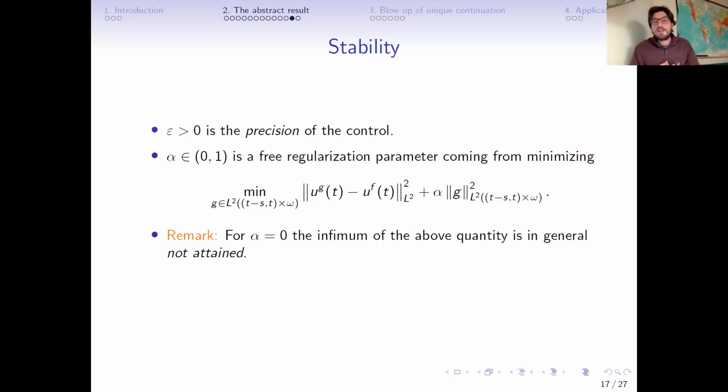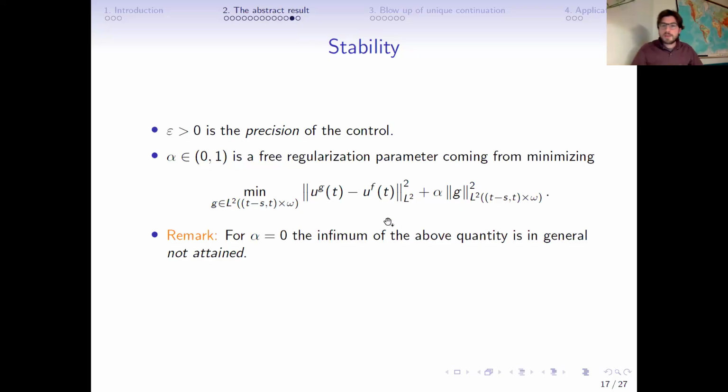And this infimum is in general not attained, and we regularize this problem. Once we regularize using this parameter alpha, we have indeed the minimum that we need to use appropriately. So this is alpha. It's a free parameter that is related to regularizing this minimization problem.